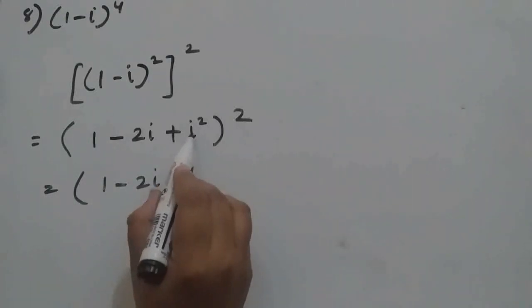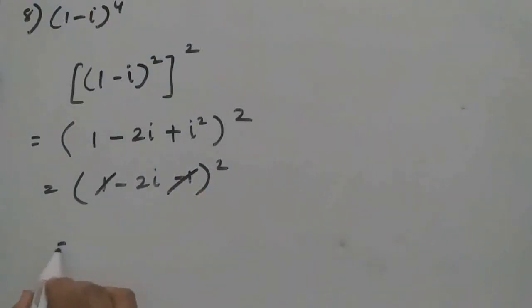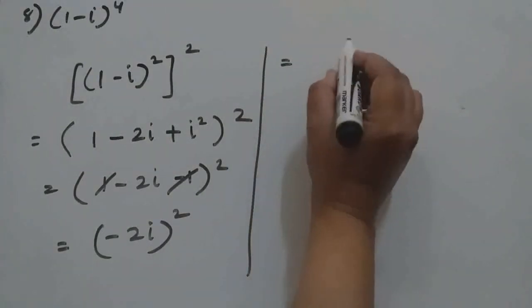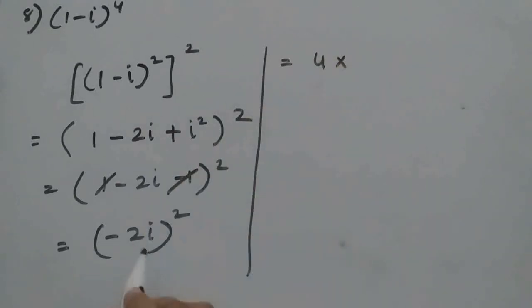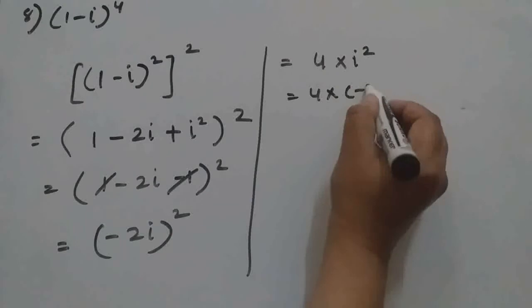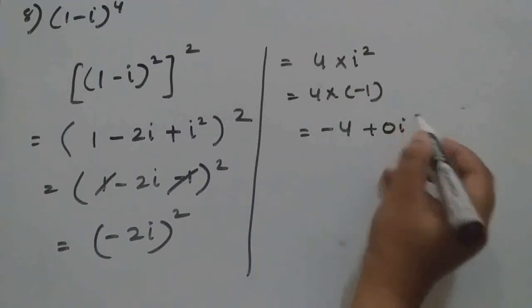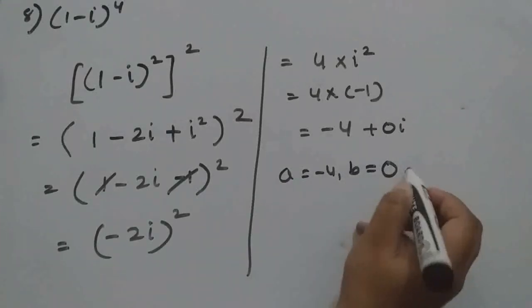See, this will give i square is minus 1. So plus 1 minus 1 will go, minus 2i square. That will give minus 2 square is 4. Okay, i square is i square. Then i square is minus 1 we know. So answer is minus 4. This we can write as 0i. So a is minus 4. b is 0.